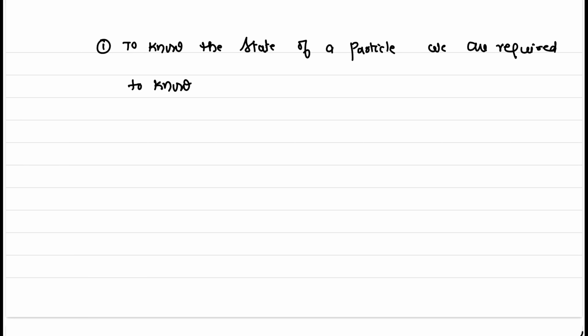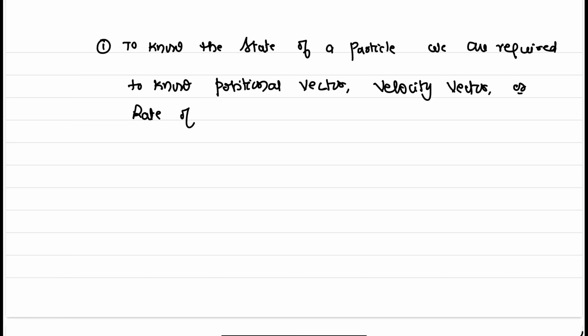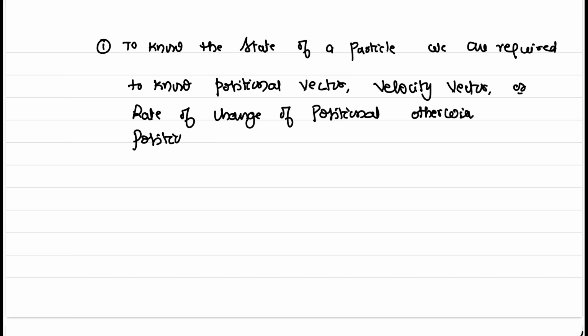to know the state of a particle, we are required to know the positional vector and velocity vector, or rate of change of positional vector, or its related values like positional vector and momentum vector.